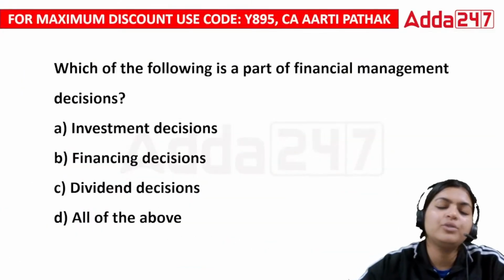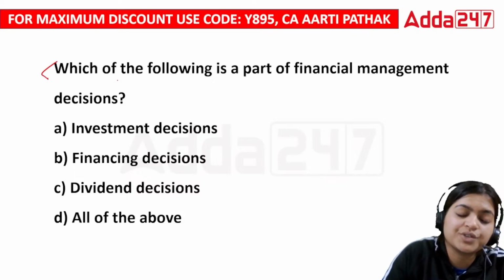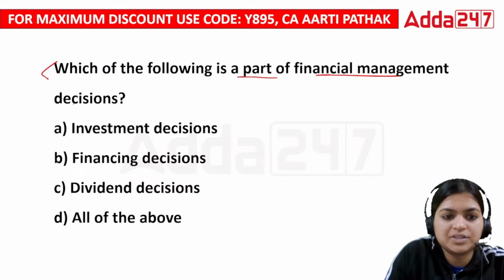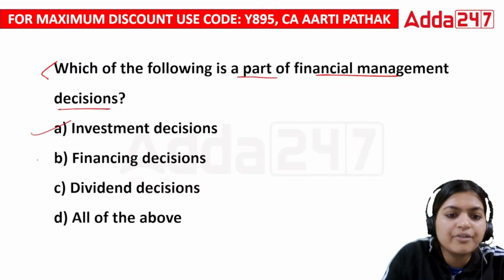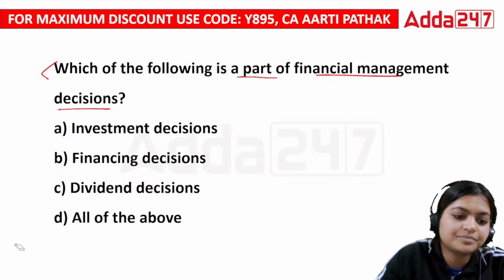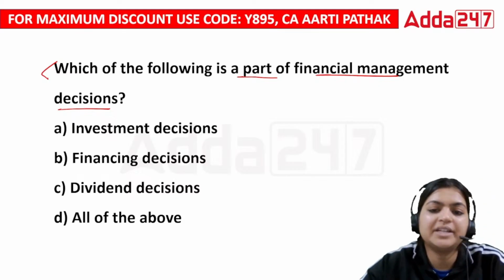Now let's solve a few questions. Which of the following is a part of financial management decisions? Investment decision, financing decision, dividend decisions, or D, all of the above? Can you tell me the correct answer?